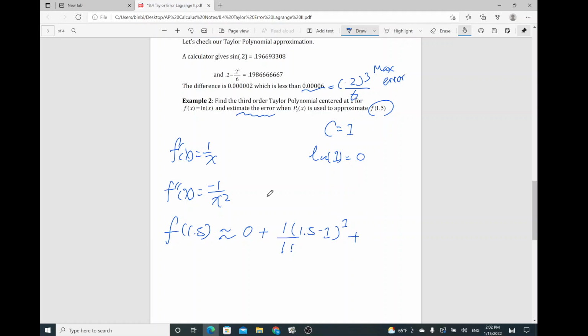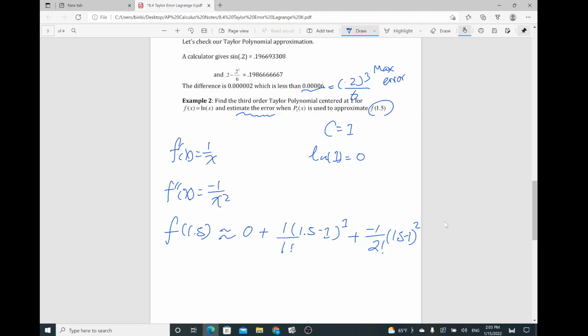The next one is f double prime of x, which is -1 over x squared. At 1 here, that would be -1. So -1 over 2 factorial, times x minus 1, so 1.5 minus 1 quantity squared.